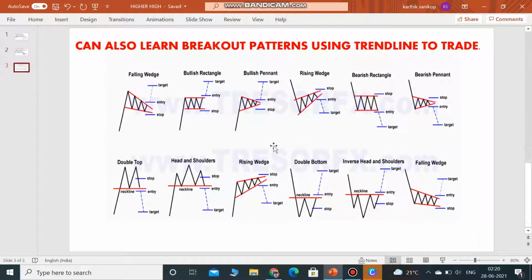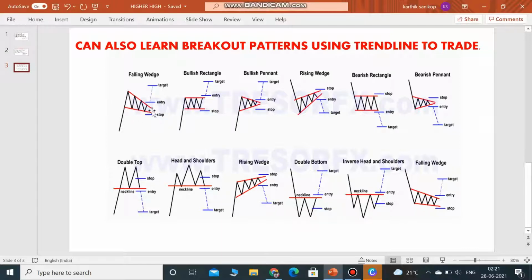You can also consider breakout patterns. So how do you have to consider breakout patterns? Basically I will be considering falling wedge, bullish rectangle, bullish pennant. On this also you can have trend lines. Just see here, all the highs will be my trend line on the higher side, and on the lower side it will be my lower trend line.